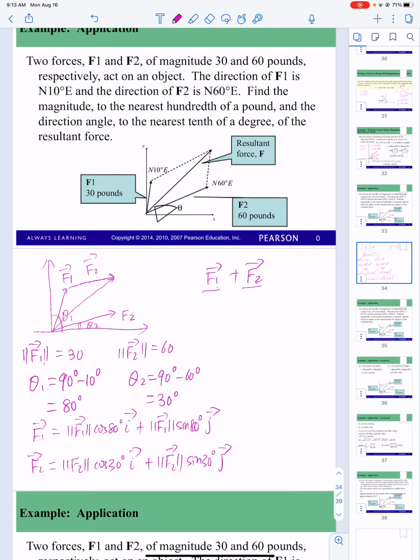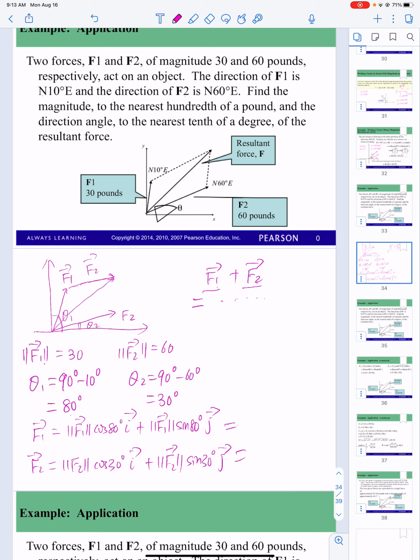Are you with me? Then use your algebra to find each vector. After this, you add these two vectors together, and that will be your F1 plus F2, the resultant vector. Are you with me?